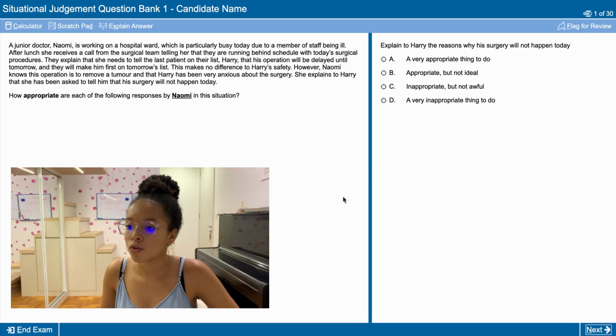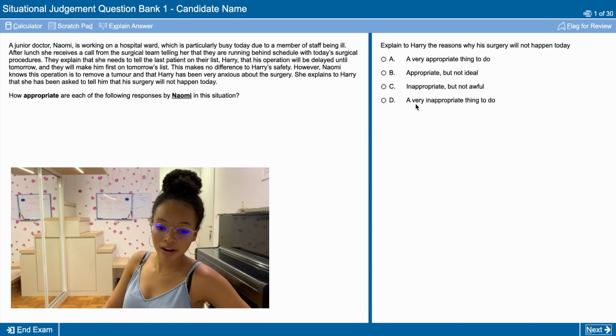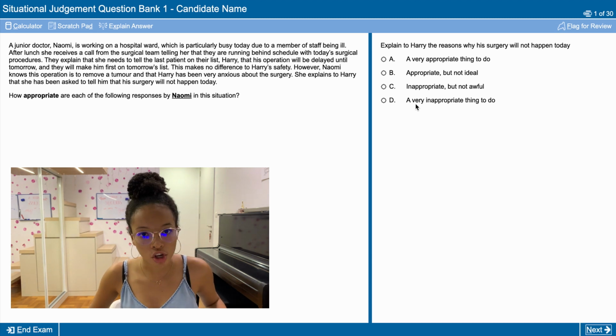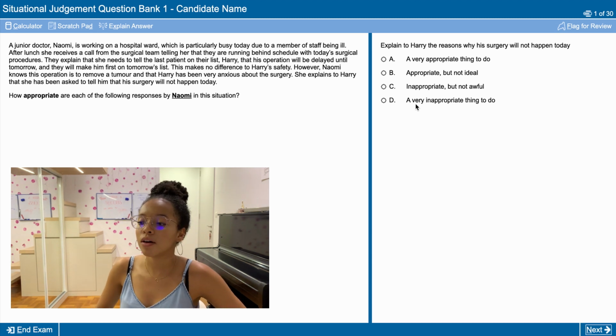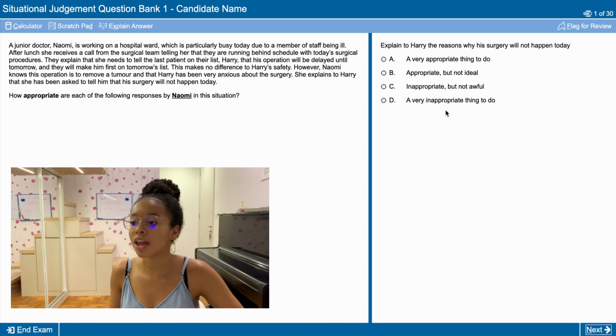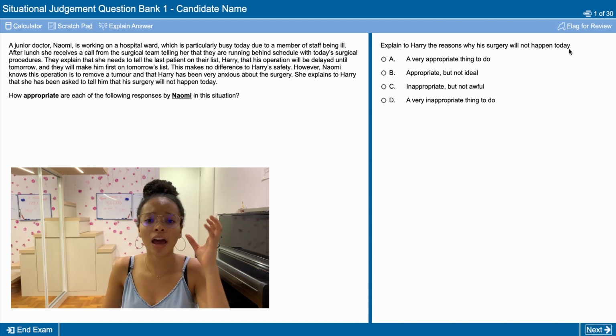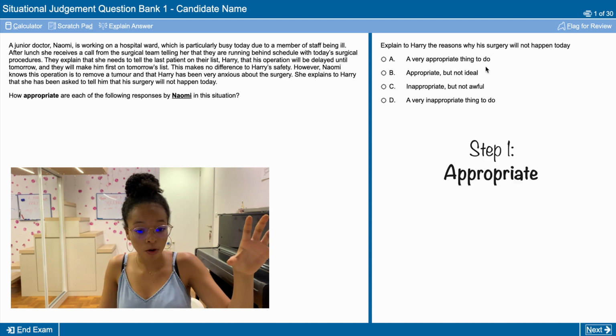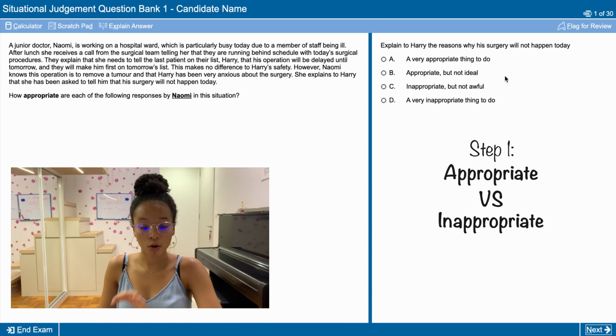So the first response that Naomi would have is: explain to Harry the reasons why his surgery will not happen today. Usually when I have these questions and scenarios, the first thing I do is look at the prompt and figure out whether it caters to an appropriate or an inappropriate response.